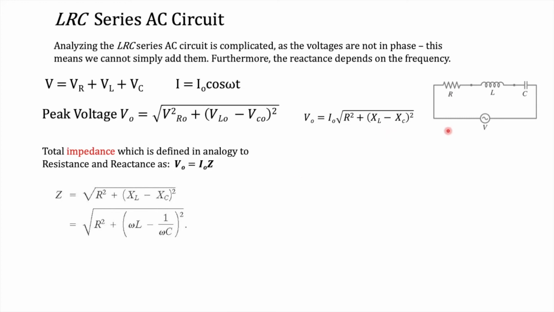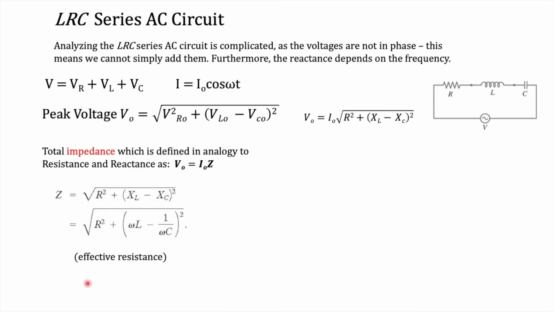The capacitive reactance, inductive reactance, and the resistance together, we call that the impedance. And from here, V naught equals I naught times Z. We call that Z the impedance, which is defined in analogy to resistance and reactance of resistors, inductors, and capacitors.